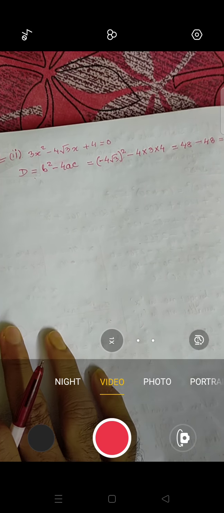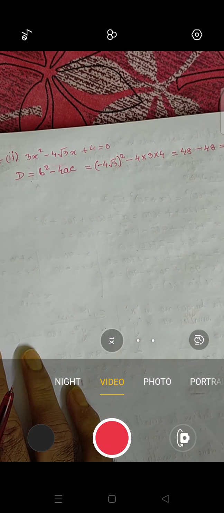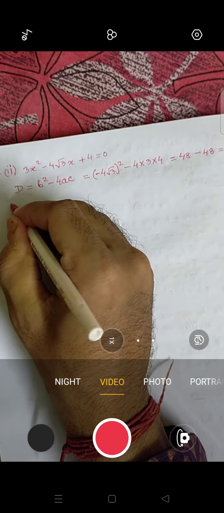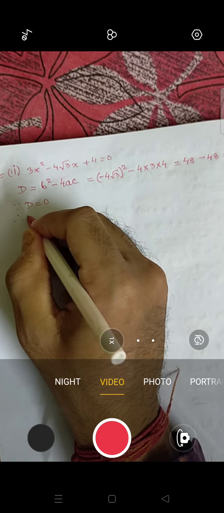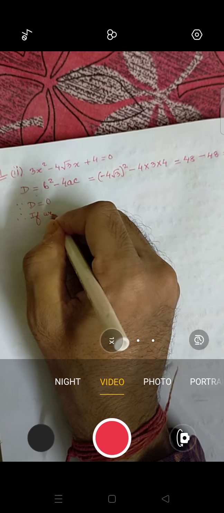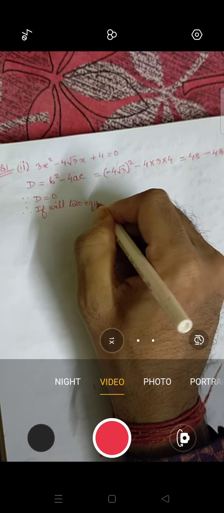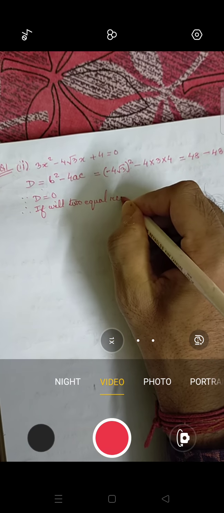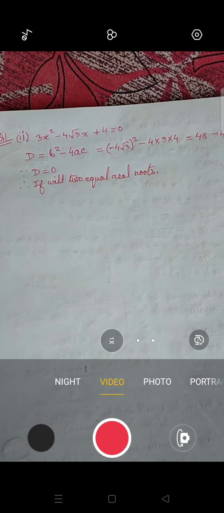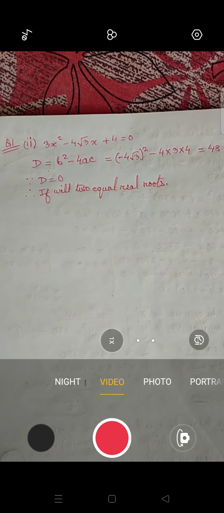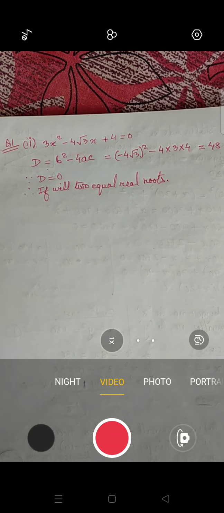Now we know that if d is equal to 0, then it will have two equal real roots. So we'll say that since d equals to 0, therefore it will have two equal real roots. Okay. Now in the question it was said that if it has roots, then you have to find them. That means if it exists, then you have to find.